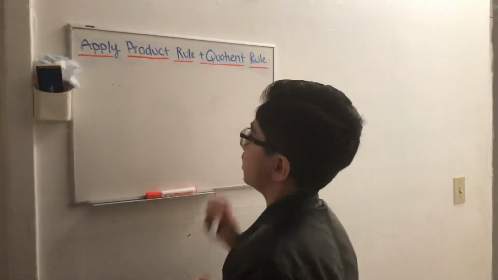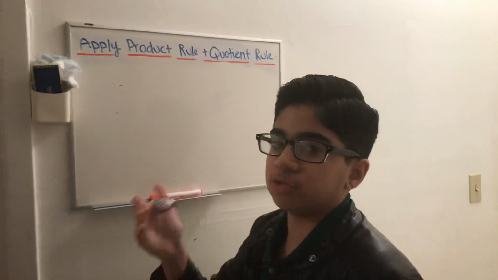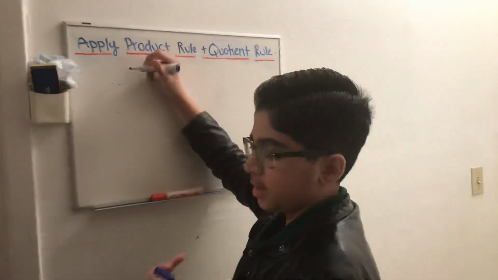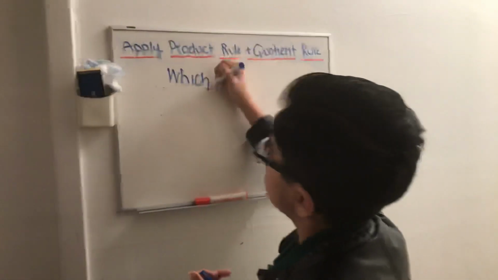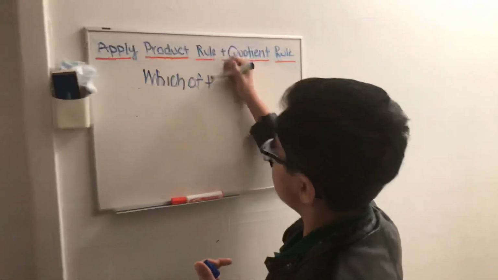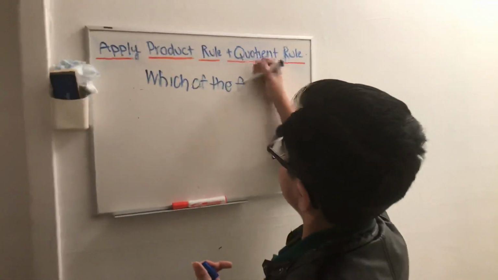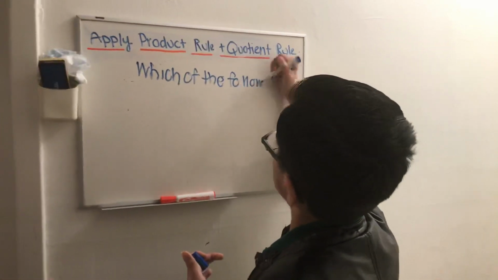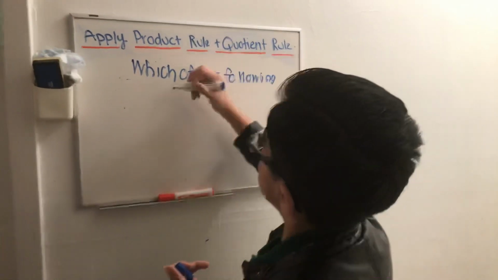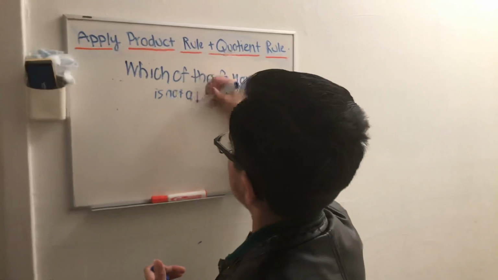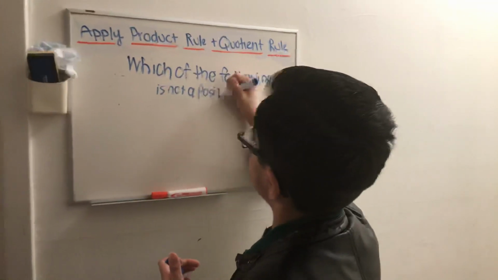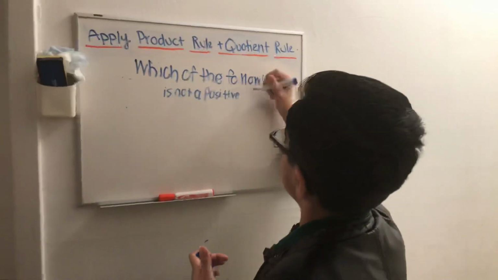So let's say you're given a multiple choice question. The question is, which of the following is not a positive number?